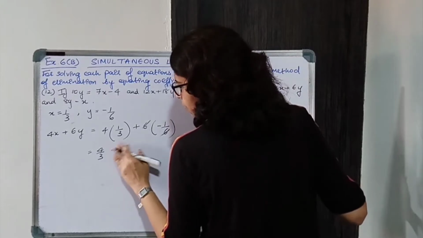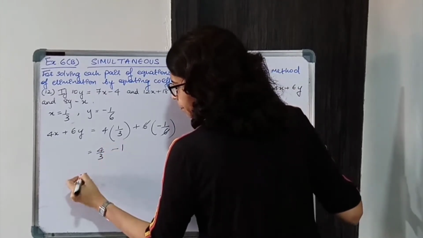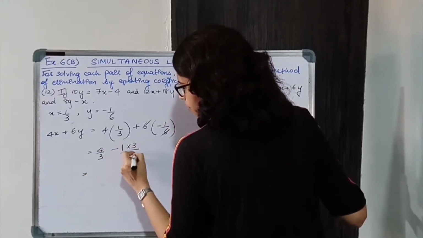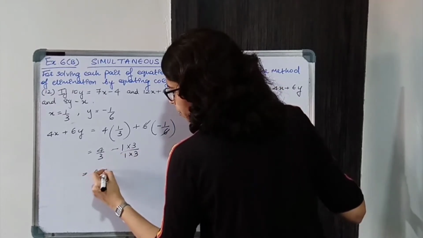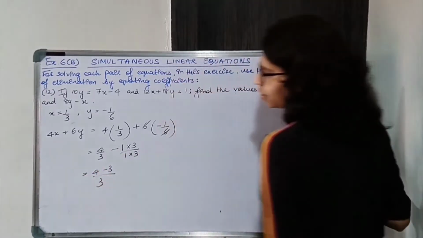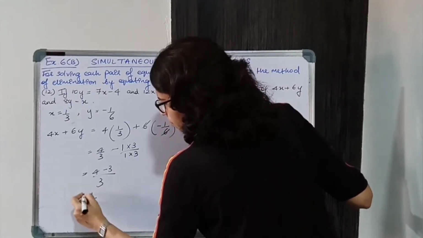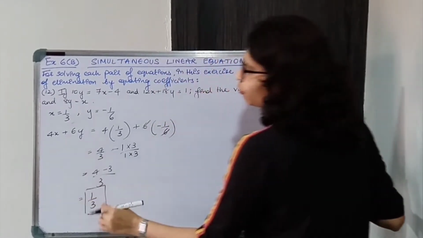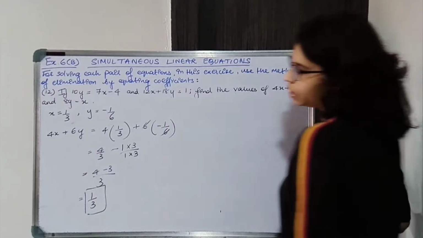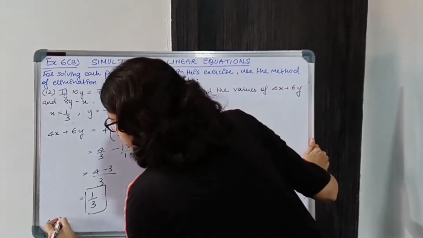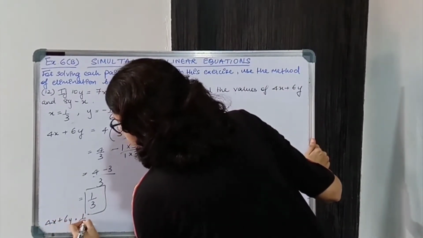So plus minus 1, that will give minus 1. Taking LCM, so 4 minus 3 by 3 हो जाएगा. So this will give 1 by 3. So the value of 4x plus 6y is equal to 1 by 3. So you can just write down 4x plus 6y is equal to 1 by 3.